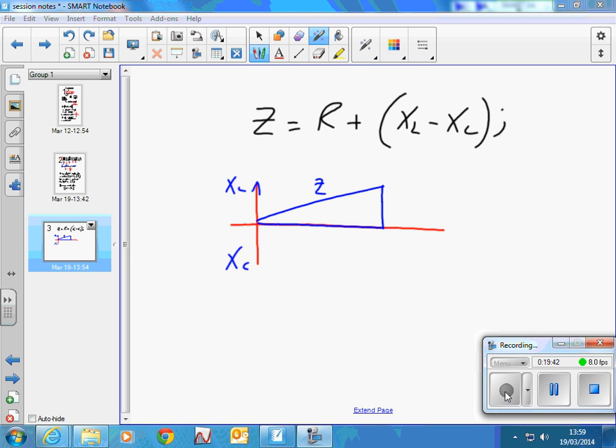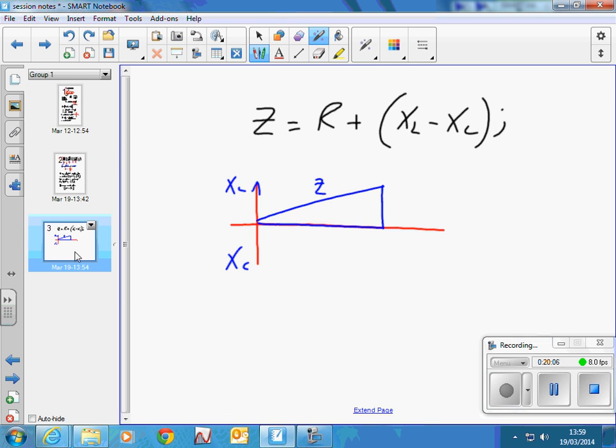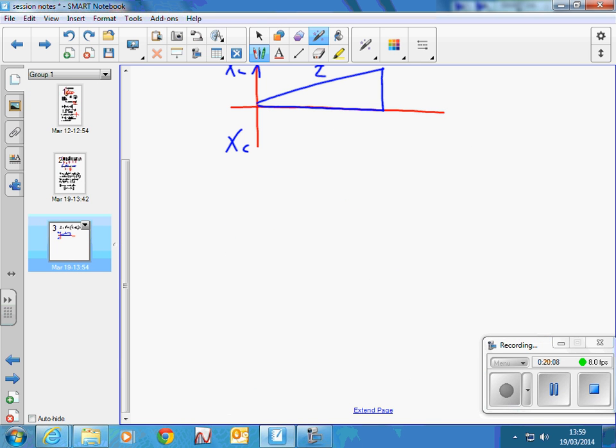It occurs when XL equals XC, because then they cancel each other out, these two effects here, and we've just got the resistance that lies along here. So in other words, if we think back to our circuit, we had a resistance of 2 ohms. So the smallest value Z can have is 2 ohms when XL equals XC. And that's the natural frequency.